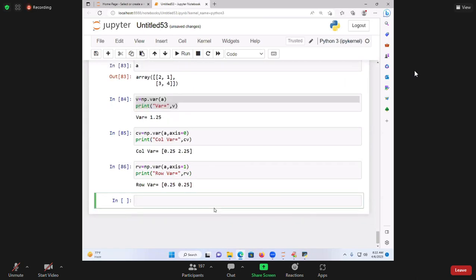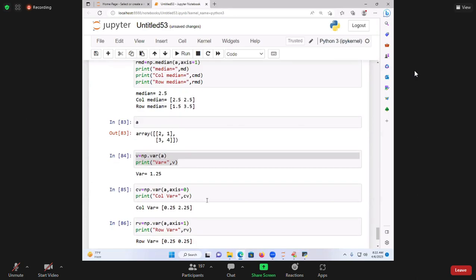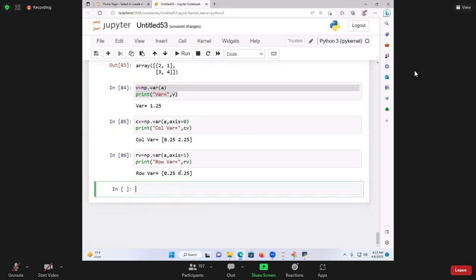So the row variances are 0.25 and 0.25. Got it? This is called variance. You take a big matrix also, apply that, you will get the same answer.